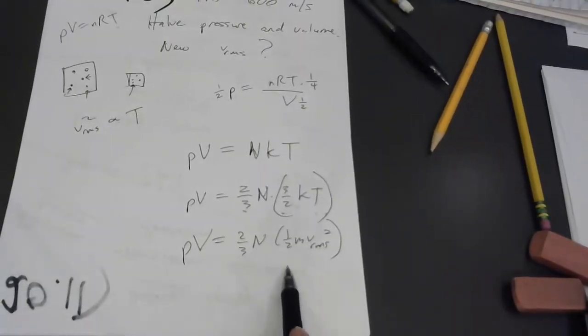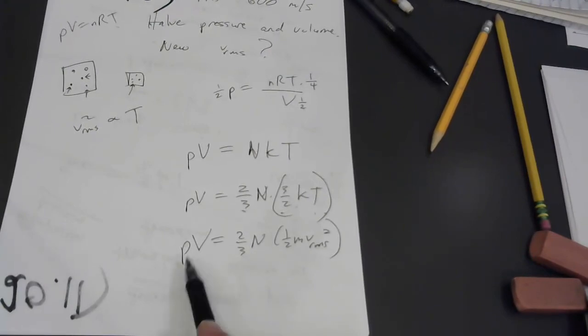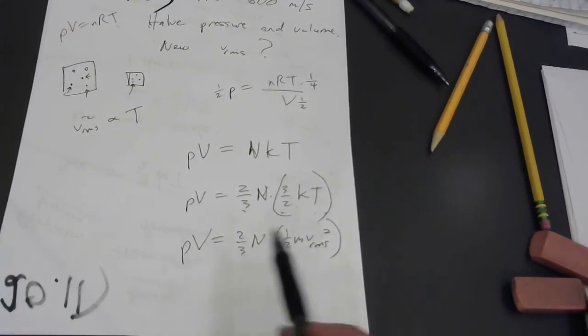Okay. What are we trying to do here? If the pressure is cut in half and the volume is cut in half, what happened to the RMS speed? So I'm really using proportional reasoning once again, just in a different way. So cut in half, cut in half. In other words, you need a factor of 1/4 here.